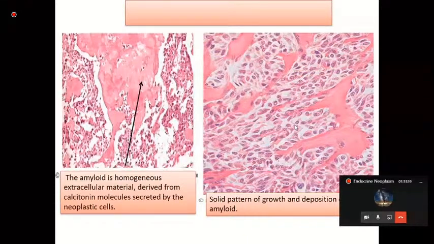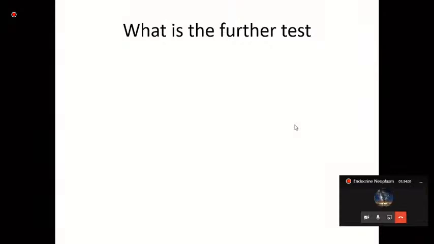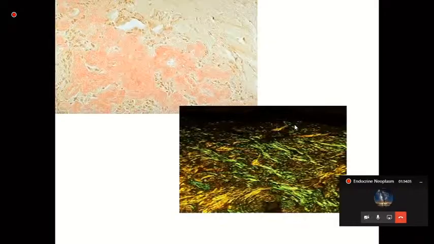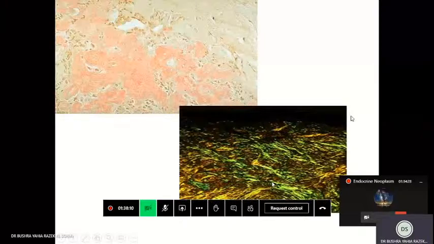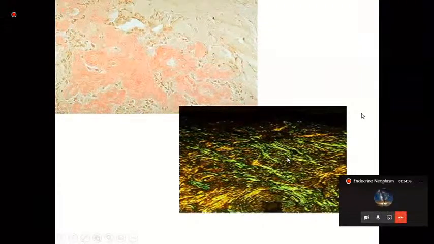How do we know this is amyloid? What should we do? Congo red stain. Yes, Congo red stain. Very good. This is the Congo red stain. See, under the light microscope, we can see red color. The amyloid gives red color with Congo red stain. Under the polarized microscope, we can see what we call apple green birefringence. It becomes bright like apple green. If we see this, it indicates amyloid.